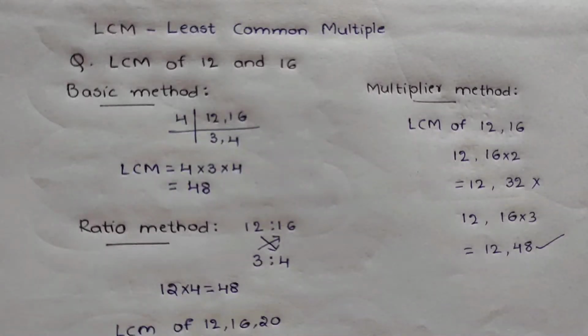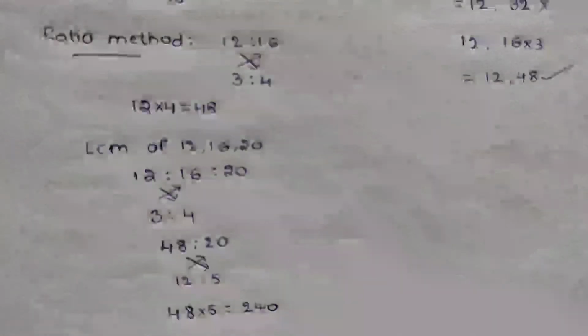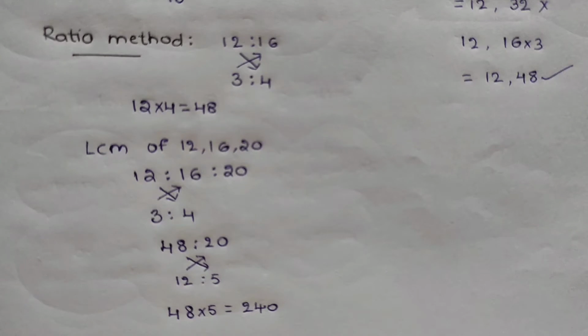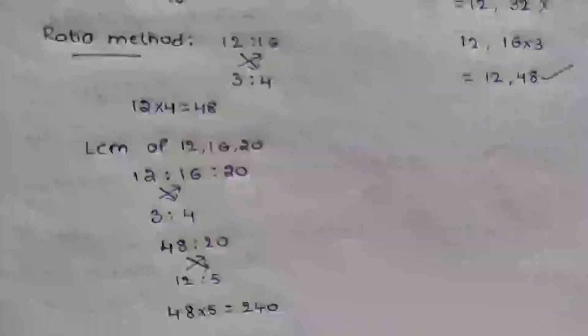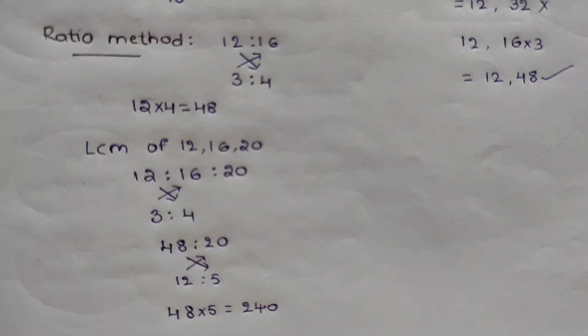Similarly, using the ratio method we can also find the LCM of 12 and 16. When you are finding the LCM of any numbers, you have to write them as a ratio like this, 12 is to 16. Here I am cancelling 12 with 4, so 4 3s are 12, and cancelling 16 with 4 you get 4.